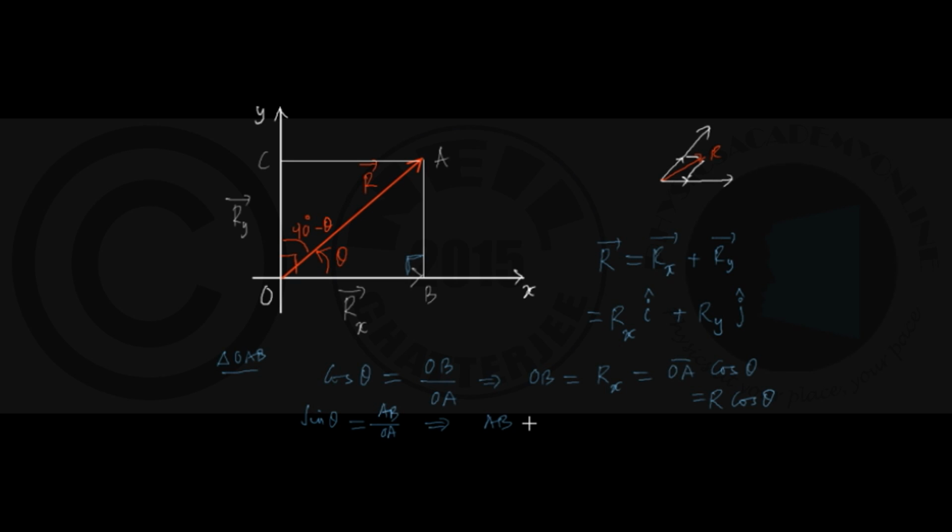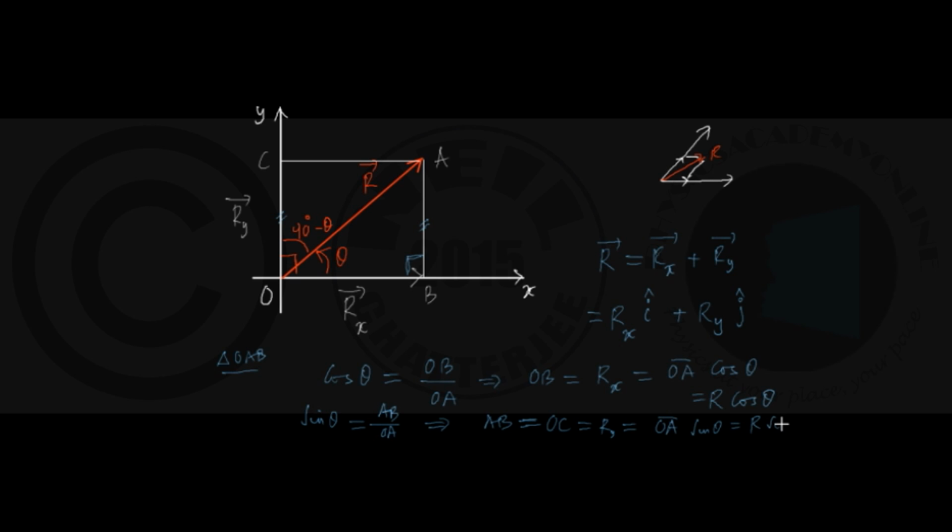The length AB, once again you can easily see that is same length as OC, because AB and OC, they are parallel and they have the same length because they are opposite sides of a rectangle. So AB thing is coming out to be same as OC, but then OC thing is same as Ry, and this is equal to OA sine theta, that is R sine theta.